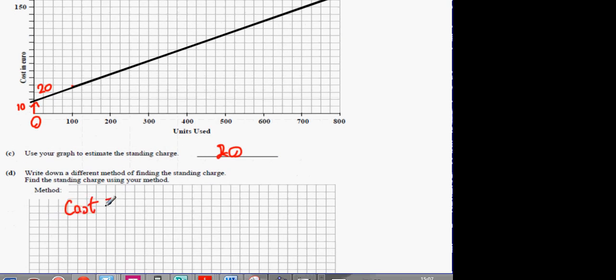Cost equals standing charge, which you will call S, plus number of units multiplied by cost per unit. Do you understand that?